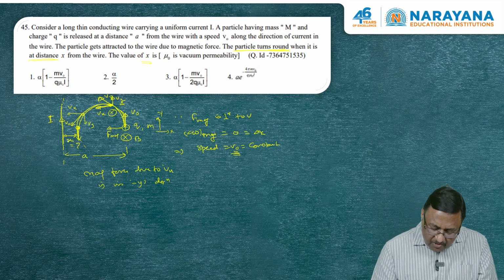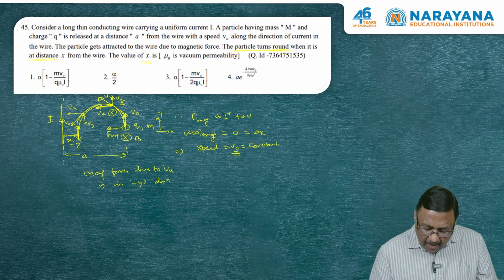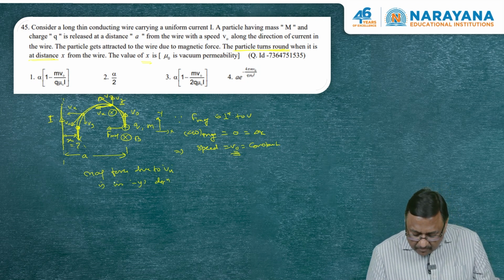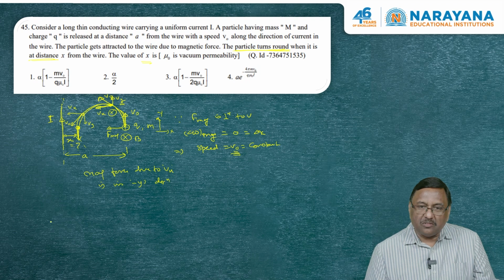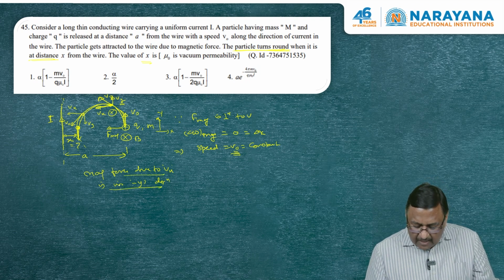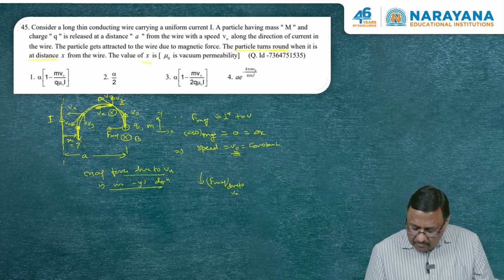If Vx is not reversing by the time it has come to this position, my magnetic force is constantly acting in the downward direction because of this x component of velocity. So if the magnetic force due to Vx is in the negative y direction, this is my F magnetic due to the velocity Vx.